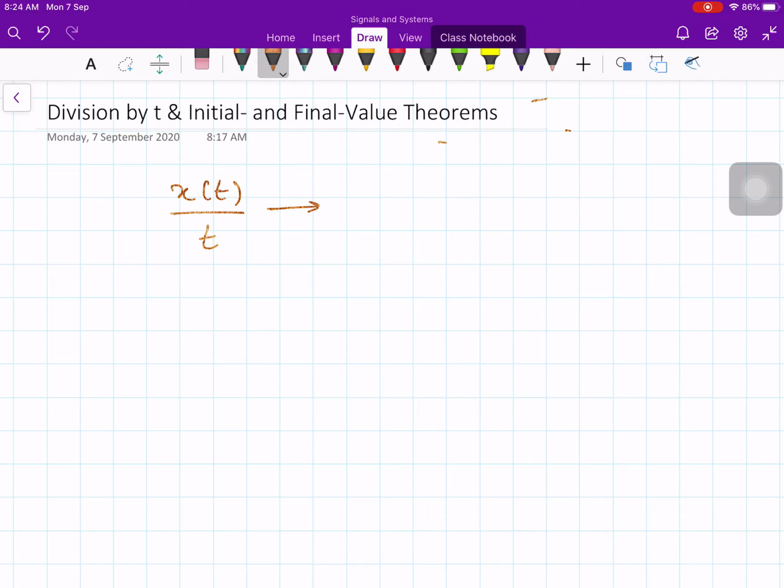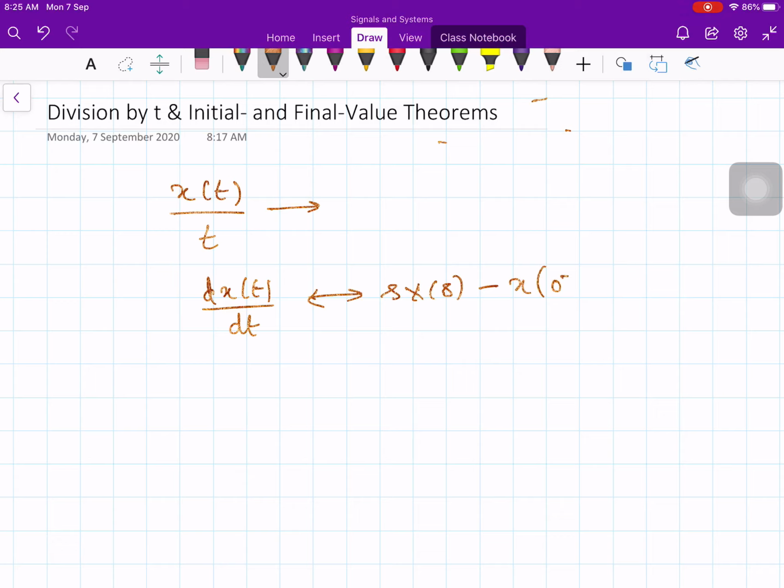Okay, so if you recall from the last couple of lectures, we have seen some duality in the relations between the Laplace transform and the time functions. For example, if you differentiate the signal in the time domain, then its transform will be s times x of s minus x of 0 minus.